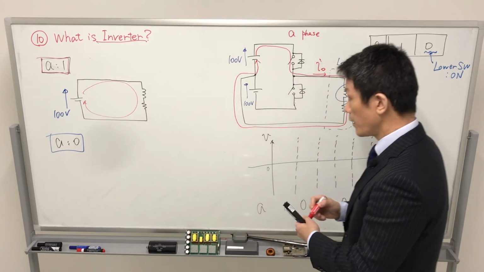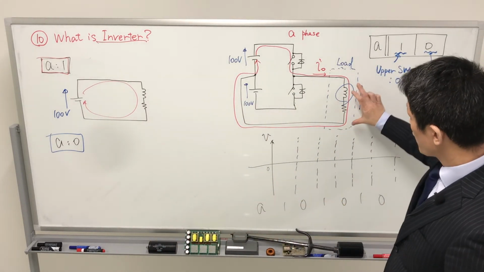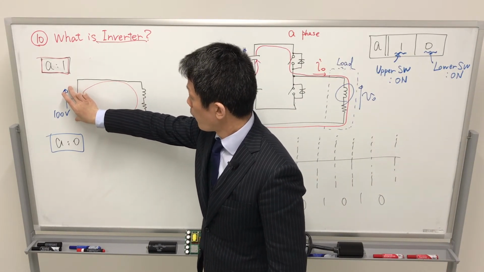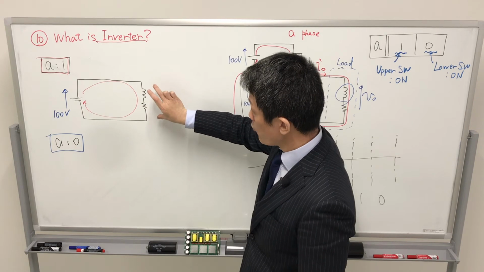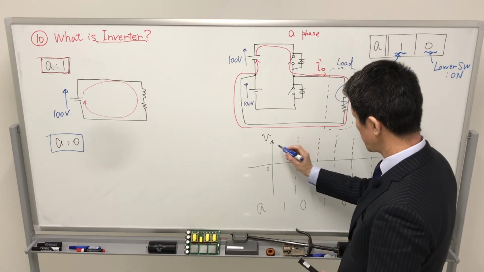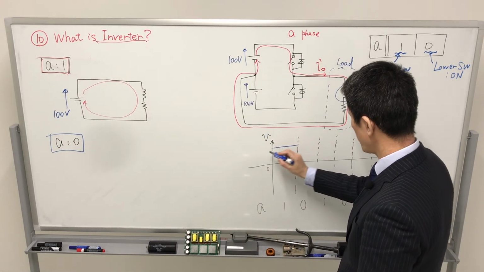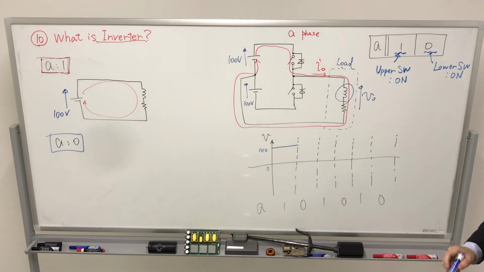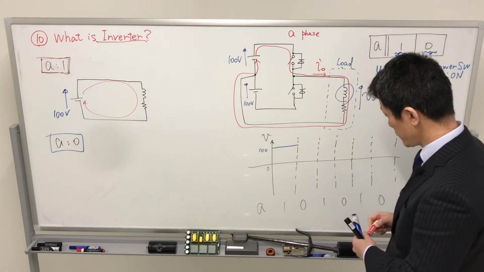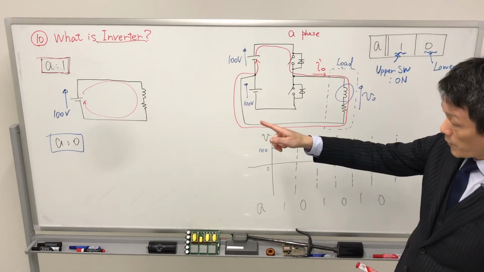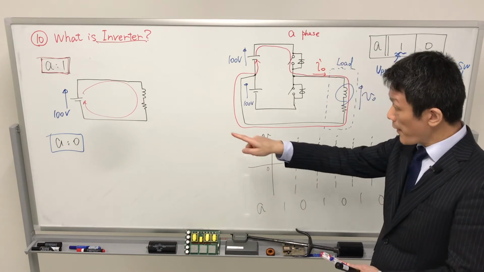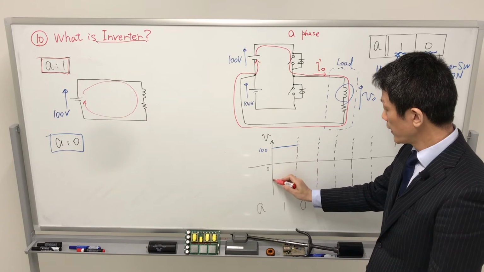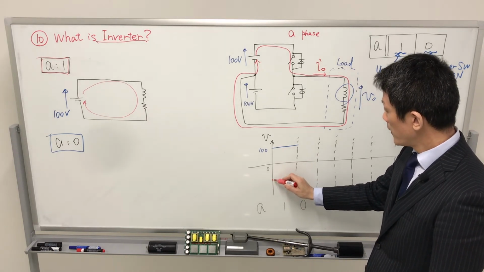So in the case of the load, 100 voltage across the load. So the load voltage is 100. And current flows through with a transient, increasing the current value. So the current value is increased.